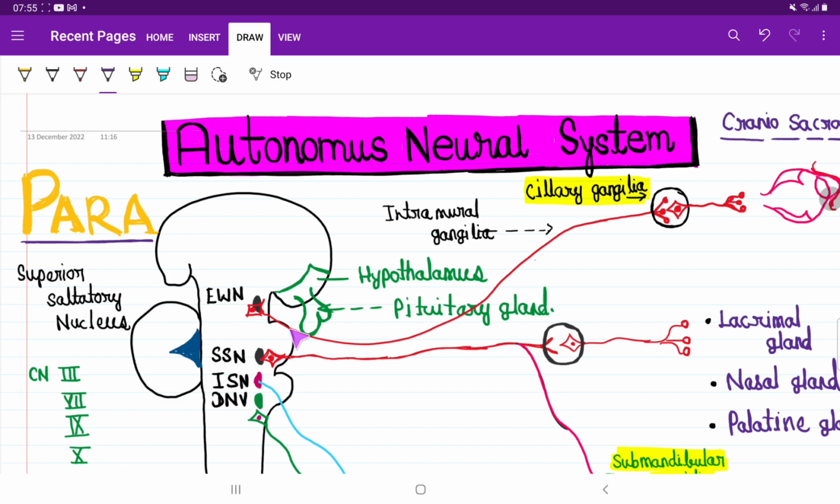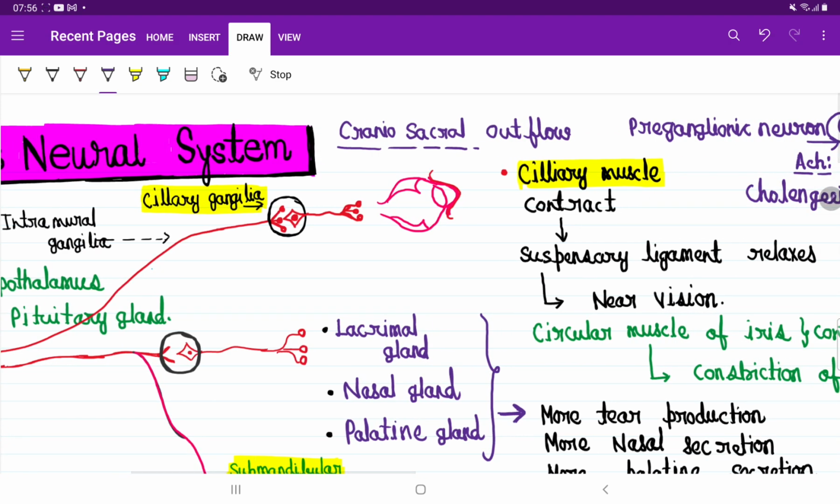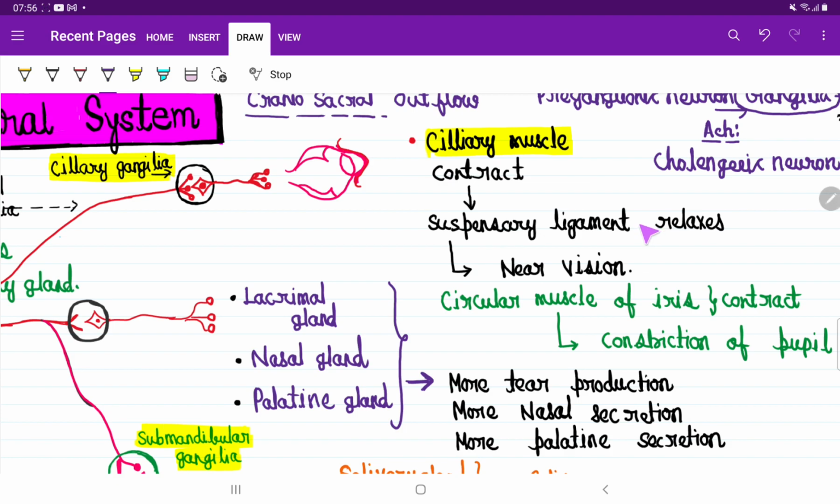From it, the parasympathetic neural supply will form different ganglia, like the ciliary ganglia, and supply the eyes. They will supply the ciliary muscle and cause contraction in it. When the ciliary muscle contracts, the suspensory ligament or zonular ligament will relax, and the stretching on the lens will decrease.